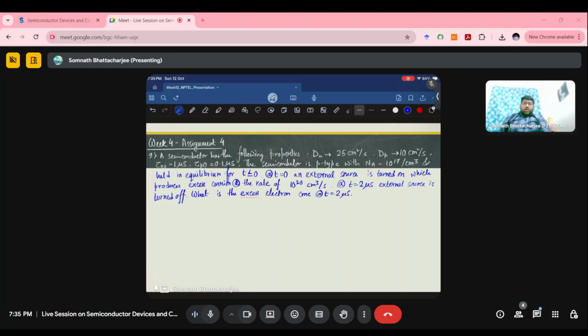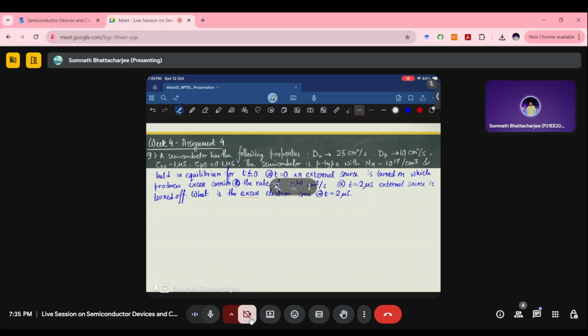So this was question number 9 of week 4, that was assignment 4. Think of how to solve this, and if any one of you have already solved it, let me know. Or you can take at least 2-3 minutes and try to solve this. Otherwise, I'll give you the solution.